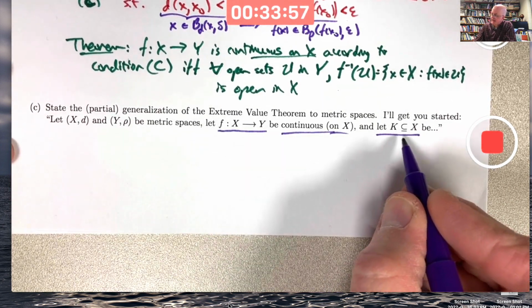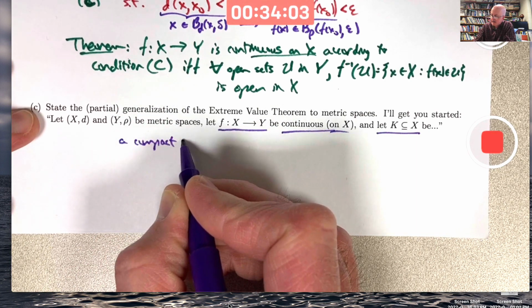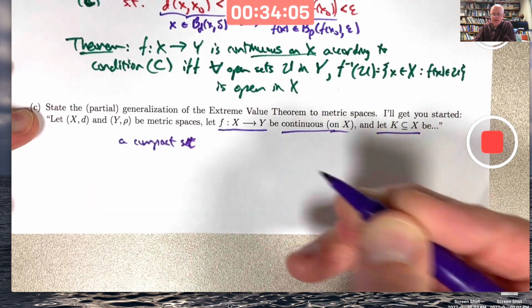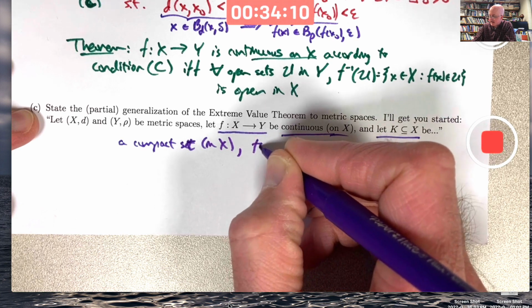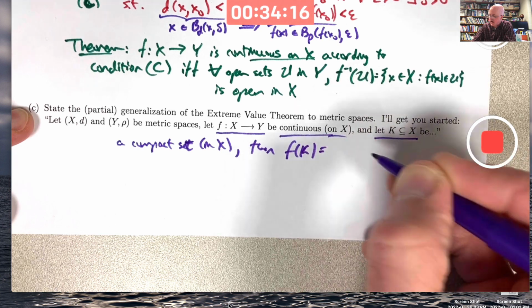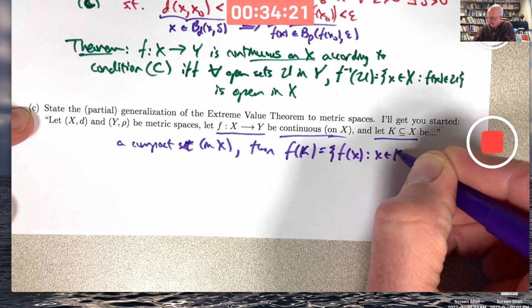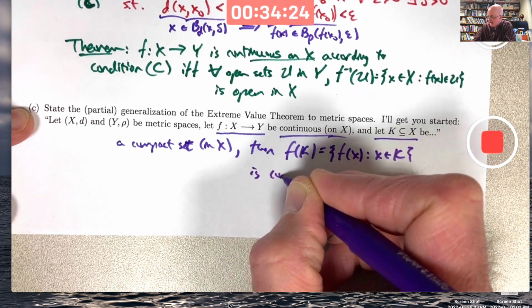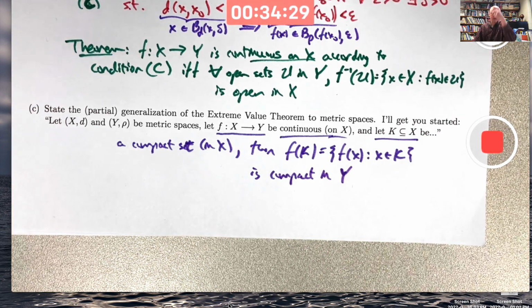If it's continuous on X, let K be a compact set in X. In X, that's the word set there, in X. The conclusion is then the direct image, f of K, which is the set of all outputs of f as the input x ranges over K, is compact in Y, according to the definition of compact in terms of open covers and finite subcovers that we talked about.